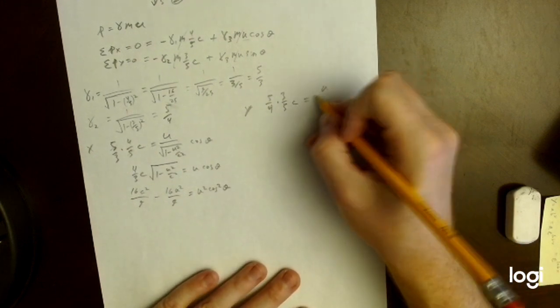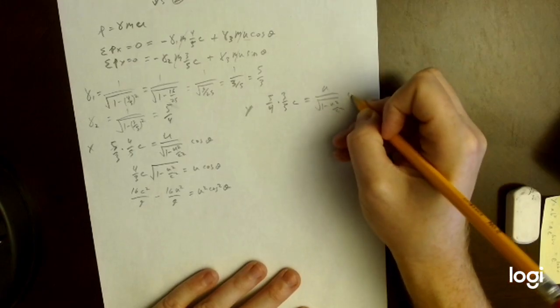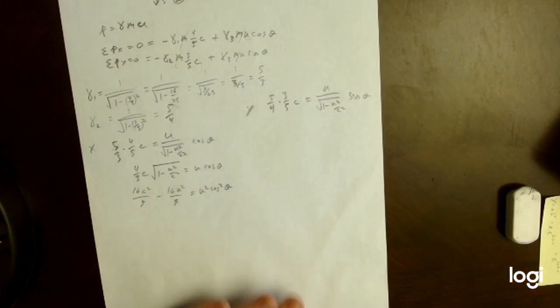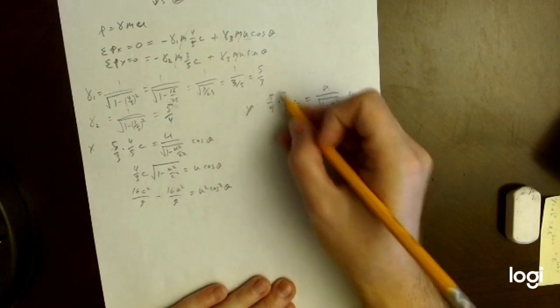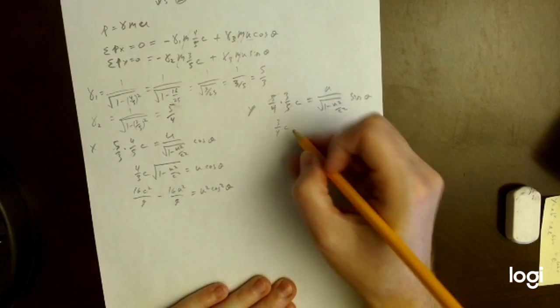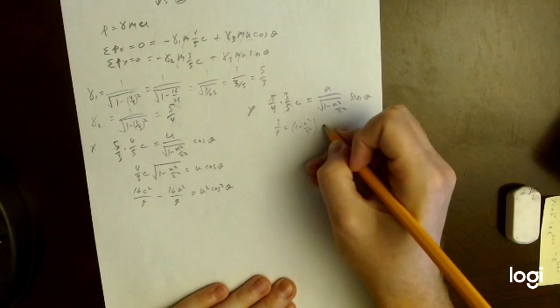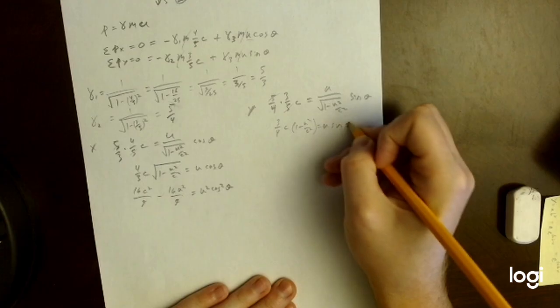So we're going to again do u over square root of 1 minus u squared over c squared sine theta. We'll do all the same steps again, cancel the 5's. 3/4 c times square root of 1 minus u squared over c squared equals u sine theta.